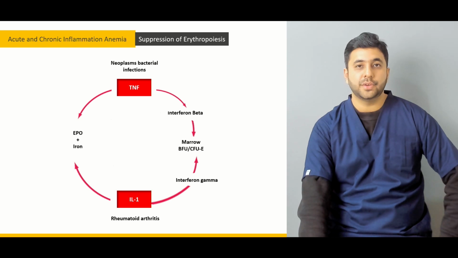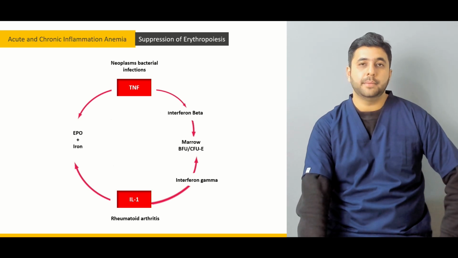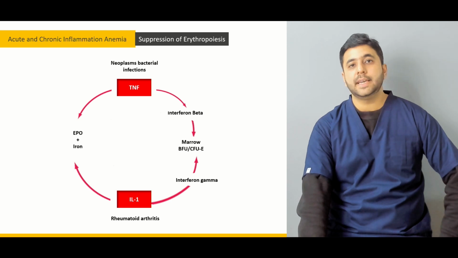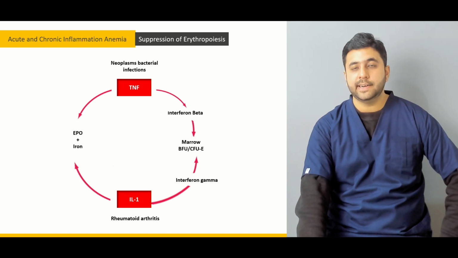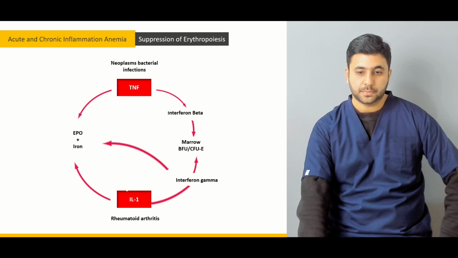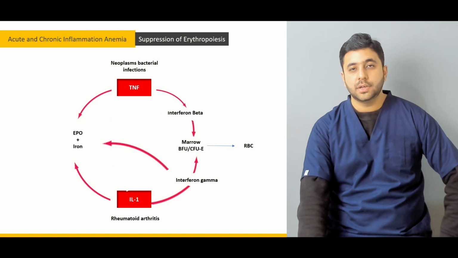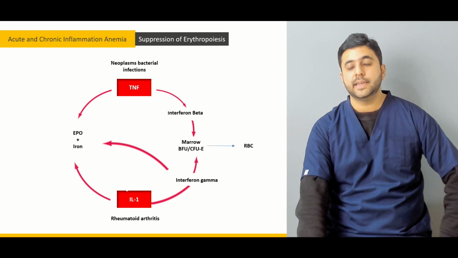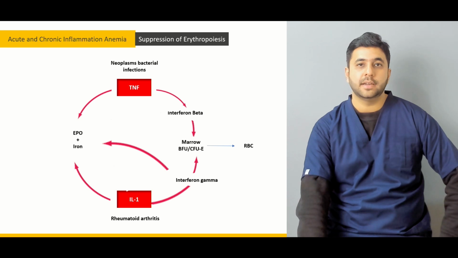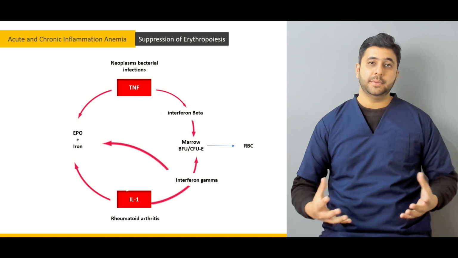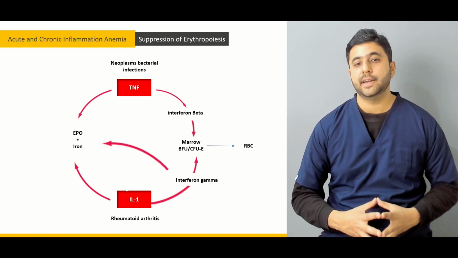There is a suppression of erythropoiesis, and not enough RBCs are being produced, which is indicated by a decreased reticulocyte index in the plasma. These interferons can also act on the erythropoietin, and the eventual result of all of this is a decreased production of RBCs, a decreased concentration of hemoglobin, or a decreased RBC mass index, which is generally defined as an anemia.